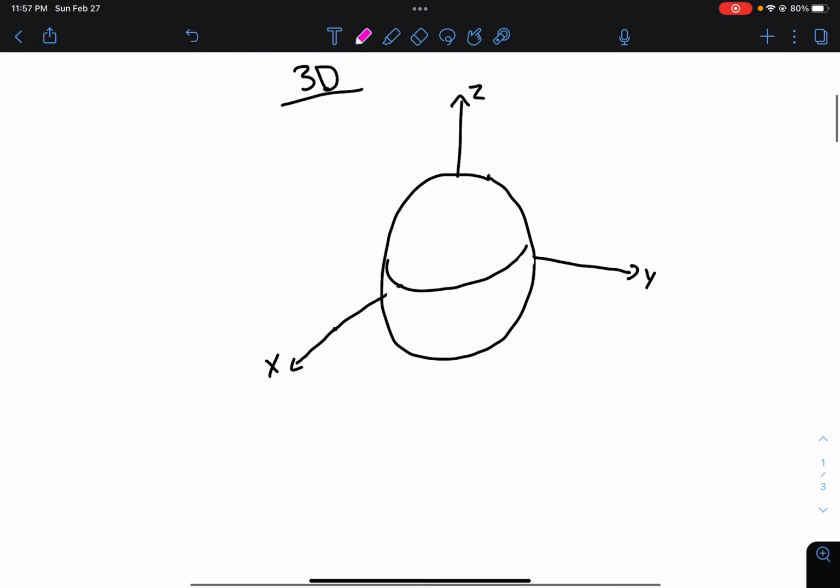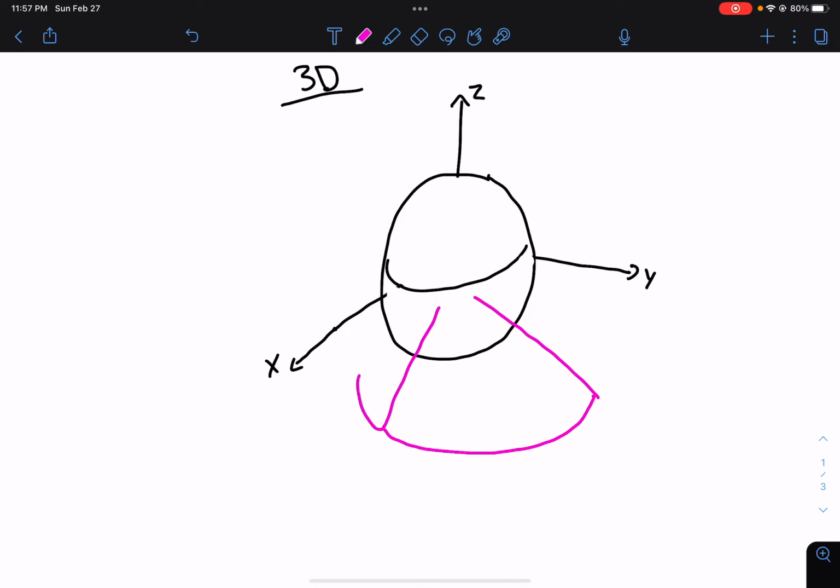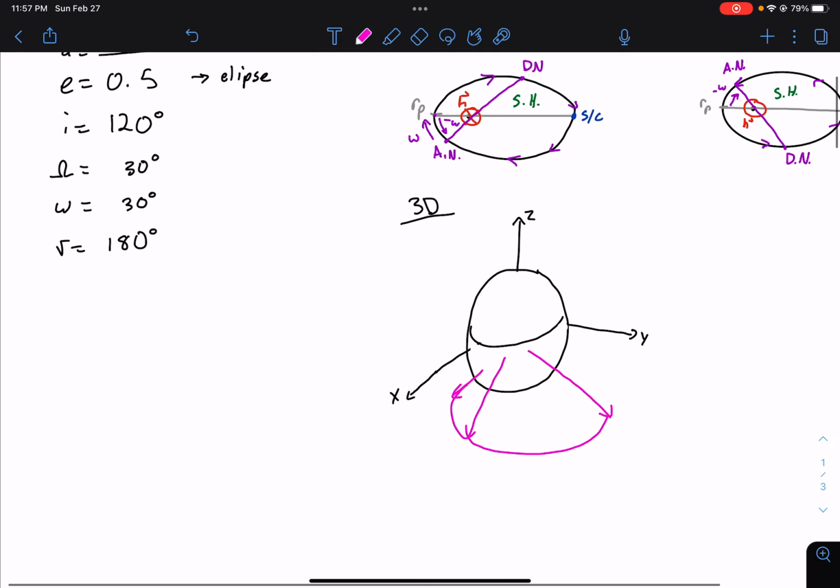What this looks like at the moment is a little cone. Our angular momentum vector can be pointed anywhere along this cone until we define where our line of nodes is.